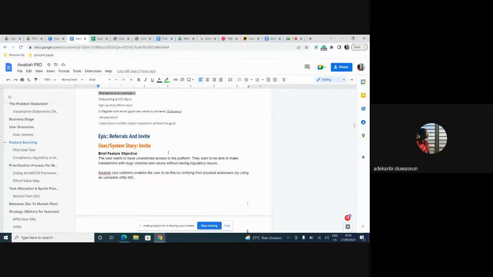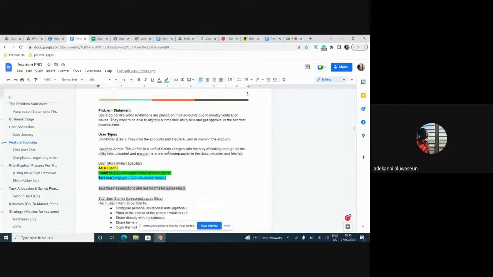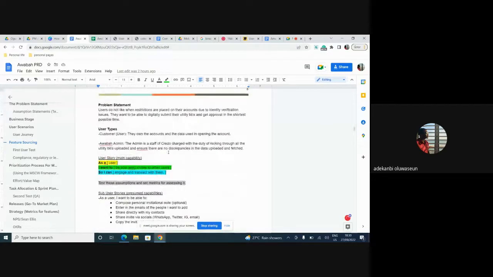An epic is a group of features. You can have another one called payments. If payments is an epic, it means you have stories like payment link, payment button, card payment. All of those are user stories under the epic for payments, right? So that's the definition of that.